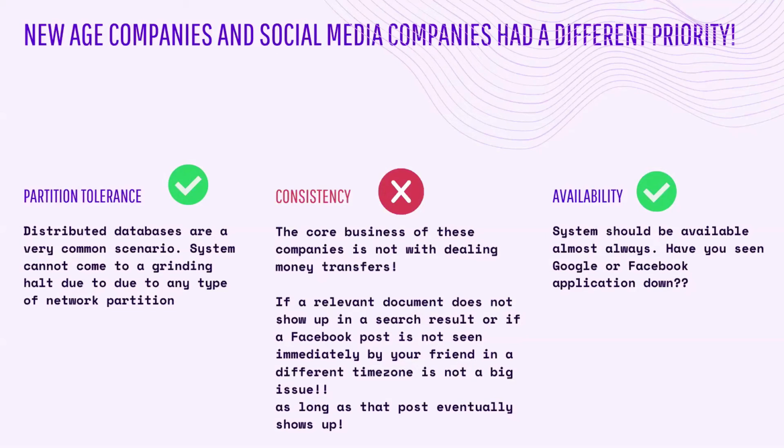But for that fraction of time when it is still working on it, things will be inconsistent. And the new age companies, the social media companies, were perfectly fine with that. They really didn't have a problem. So they threw consistency out of the window and they kept partition tolerance and availability. And then they built their system around that.